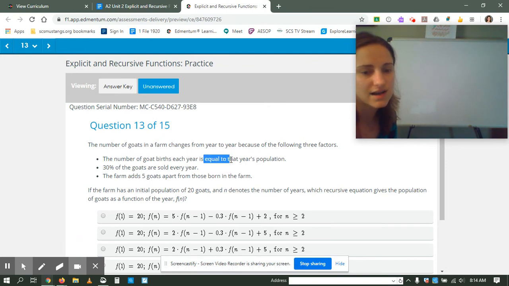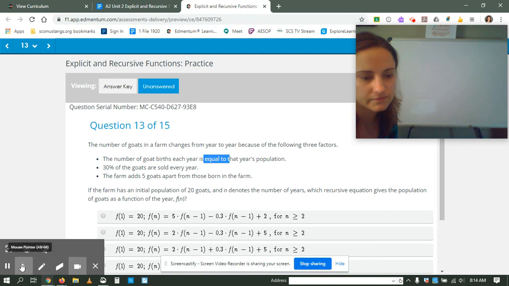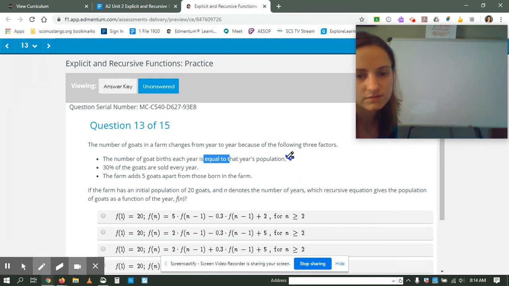So that's kind of another way of saying that things have doubled, that things are multiplying by 2. 30% of the goats are sold each year. The farm adds 5 goats apart from those born in the farm.